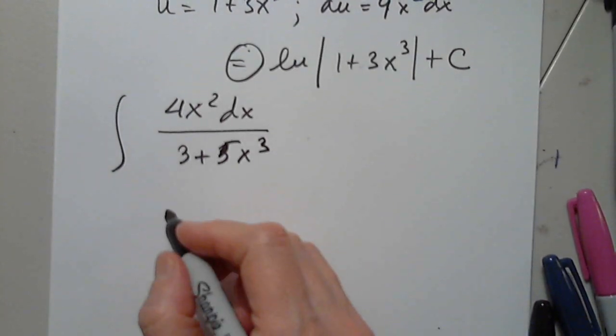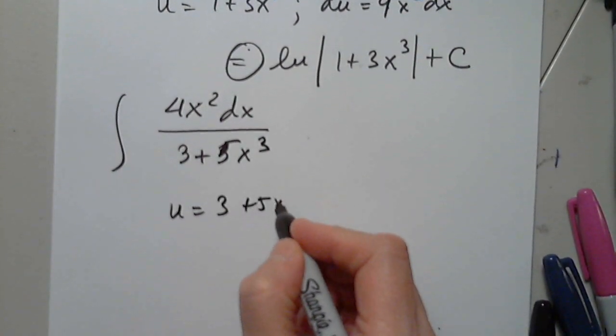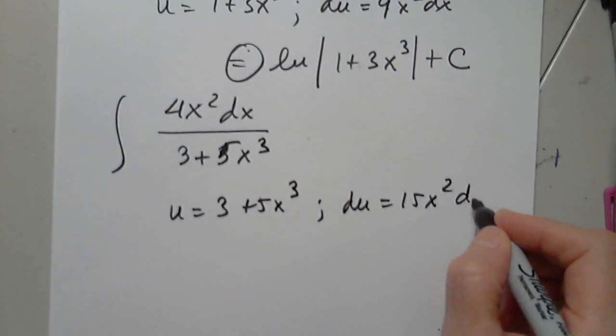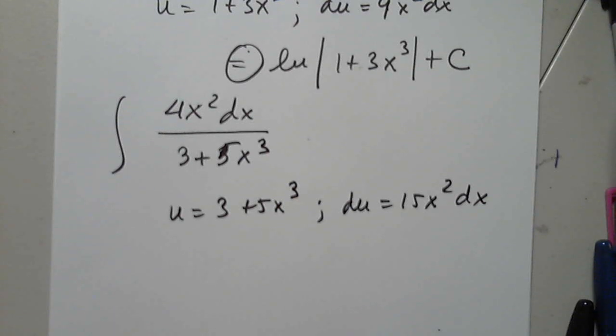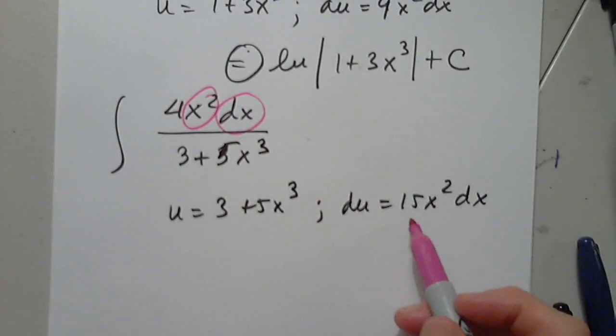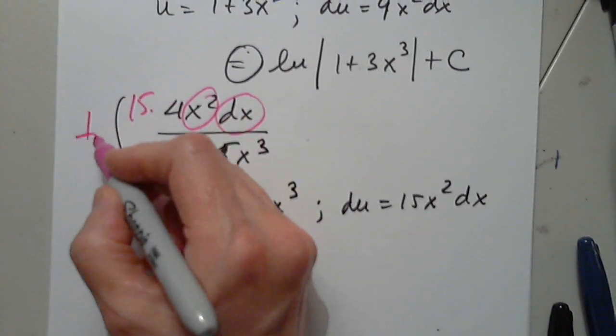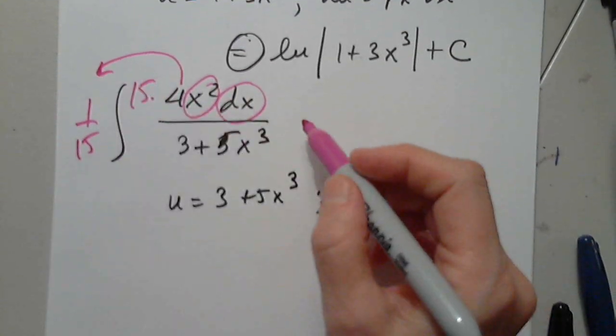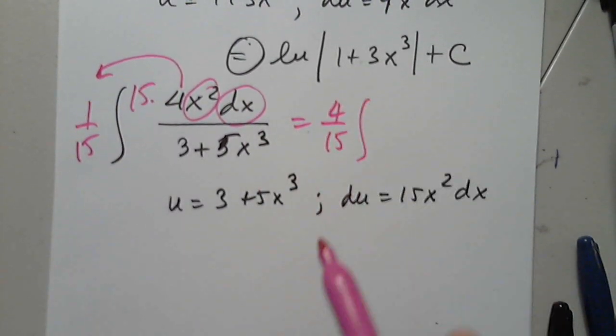It's the same thing. So you have u equals 3 plus 5x cubed, and you have du equals 15x squared dx. So you have the x squared. These are the most important ones. You don't have the 15, so you'll multiply by 15 and divide by 15. You will move 4 outside, so you have 4 over 15.